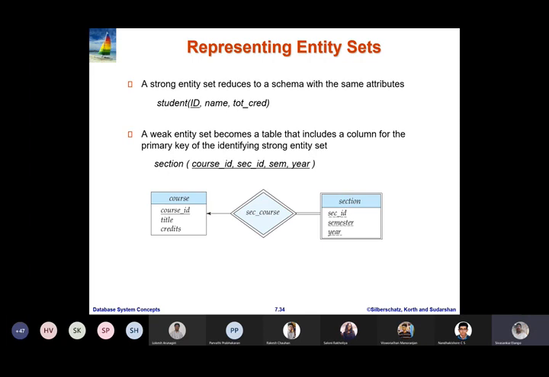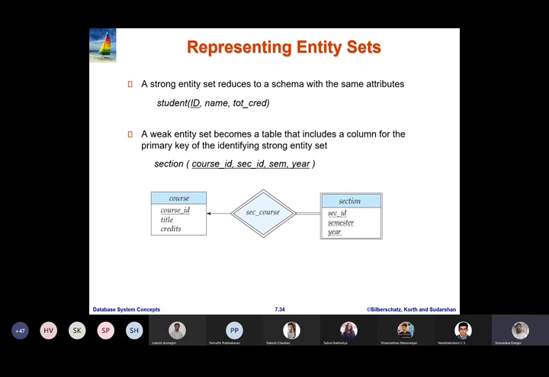So whenever I need to represent the weak entity set, I'm going to represent it by means of the attributes course ID, section ID, semester, and year. So we are going to represent the weak entity set by a relation named section. The relation name is going to be the same as the entity name.